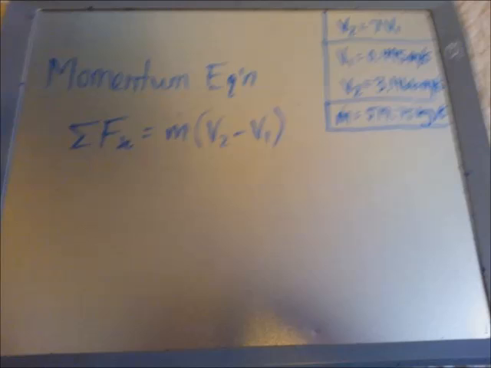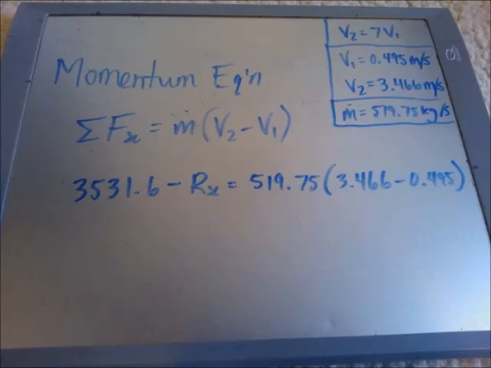So now substituting the values we just found back into the momentum equation, we have that number we just solved for, subtract Rx equals 519.75 times V2 subtract V1, which is 3.466 meters per second, subtract 0.495 meters per second.